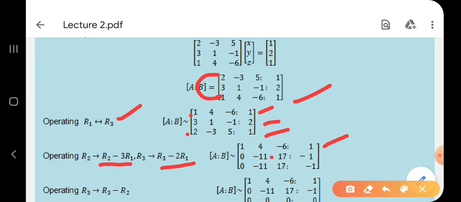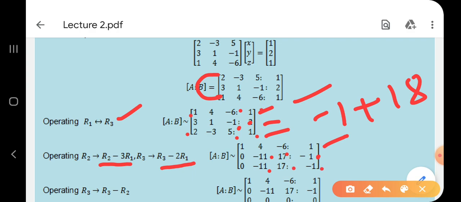Then minus 1 plus 18, so it is 17. Next one is 2 minus 3, I get minus 1. Do the last one: 2 minus 2, 0. Minus 3 minus 8, so here minus 11. 5 plus 12, it is 17. 1 minus 2, again minus 1.